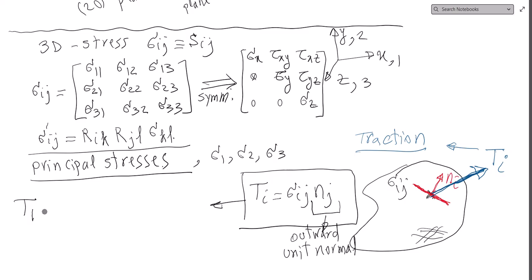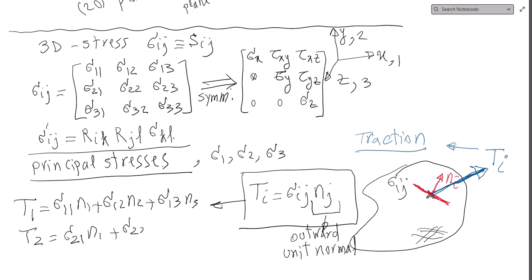So T1 is sigma 1,1 n1 plus sigma 1,2 n2 plus sigma 1,3 n3. Similarly, T2 is sigma 2,1, which is actually sigma 1,2, n1 plus sigma 2,2 n2 plus sigma 2,3 n3.